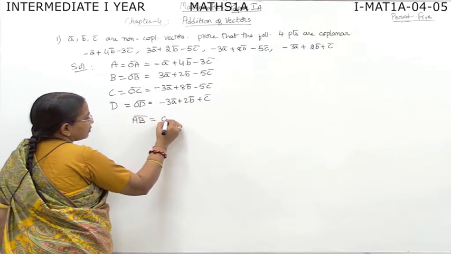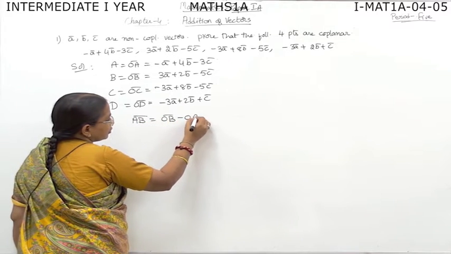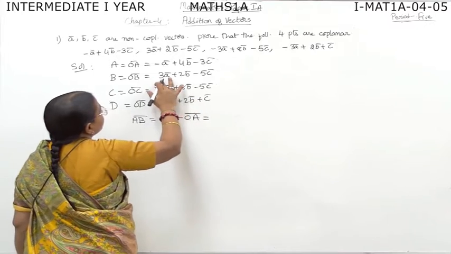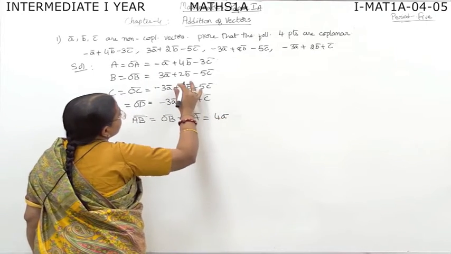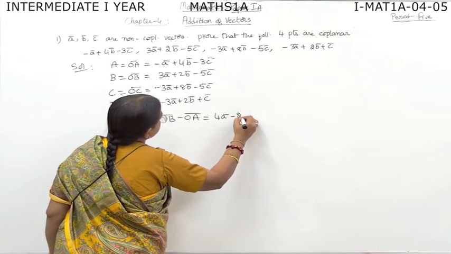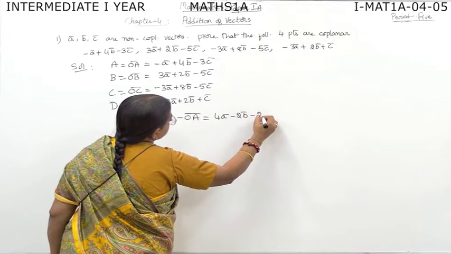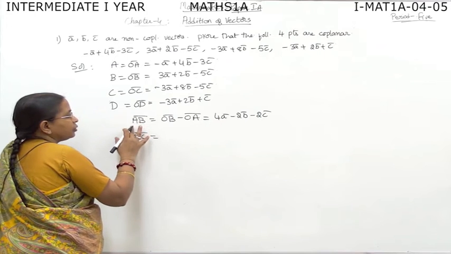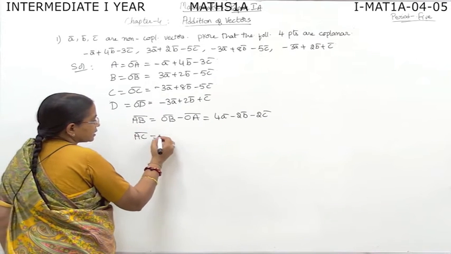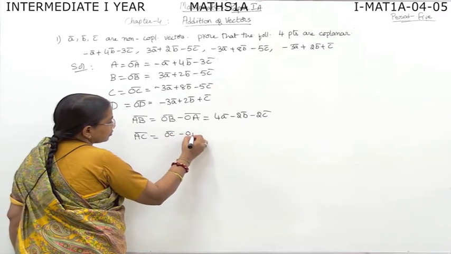AB vector is equal to OB minus OA. So just subtract OB minus OA. So that is 4A, and then this minus this, so minus 2B and then minus 2C. Next you find AC. Convert them into 3 vectors AB, AC, AD. AC is OC minus OA.